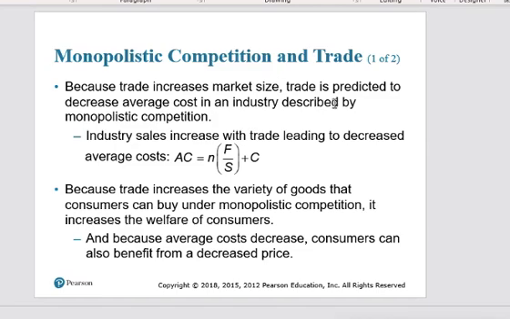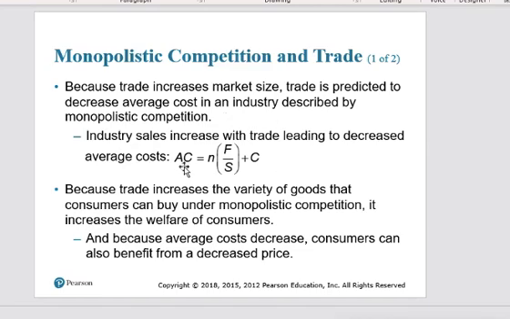And trade is predicted to decrease the average cost because the sales is higher, right? The market size is higher. So each firm will be able to serve a larger market, right? So they will achieve economies of scale, and so they can decrease average cost in the industry, right?